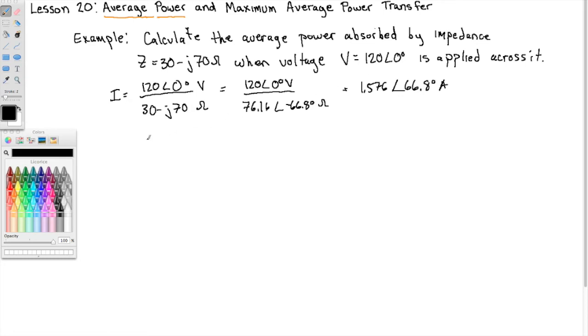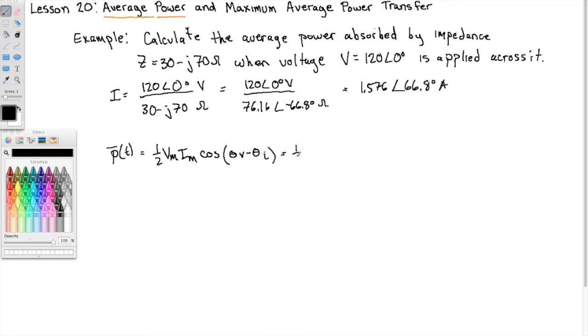So the average power, P bar, is 1/2 Vm Im times the cosine of the angle between them.